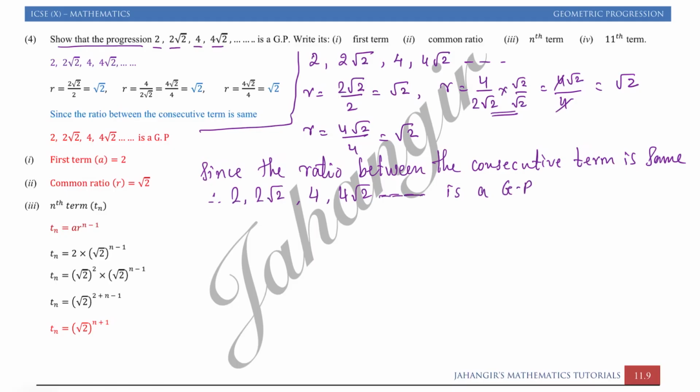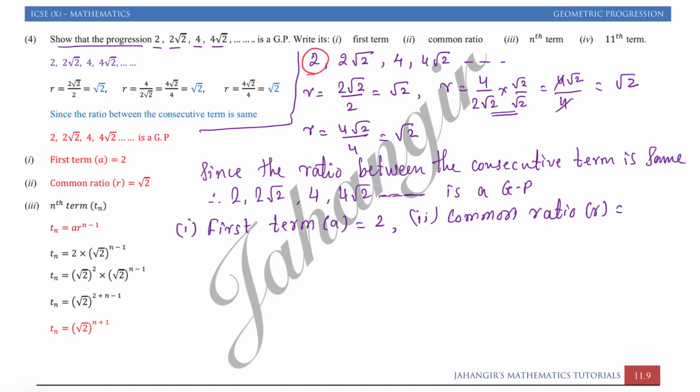Now once you have shown it is a GP, we have to find first term that is A, which is over here, that is 2. Second, we have to find common ratio, that is R, we had already found it's root 2.